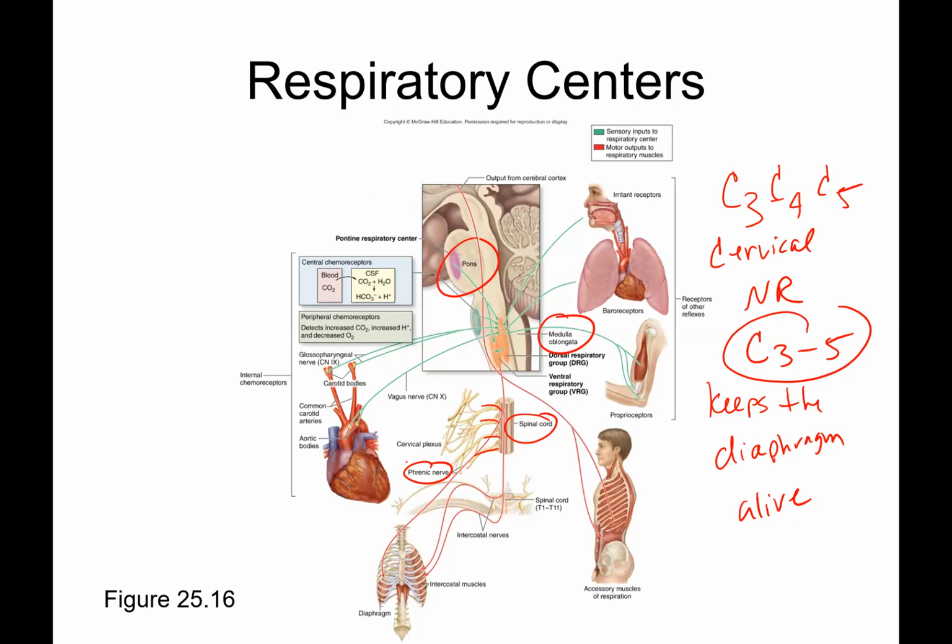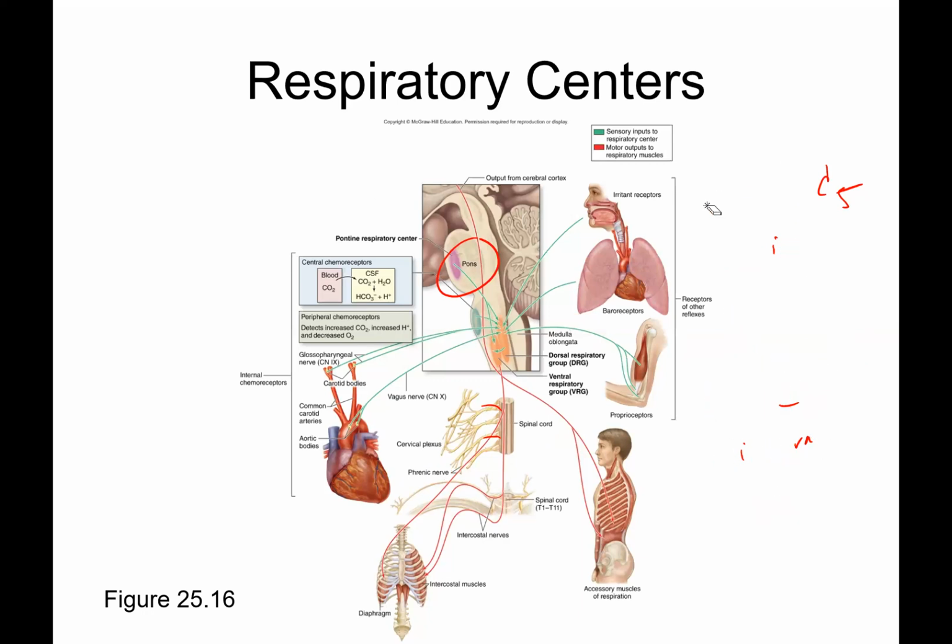Okay, another way is from cranial nerve 10, the vagus nerve. Cranial nerve 10 comes out and innervates the chemoreceptors, right? So the aortic arch and the carotids.